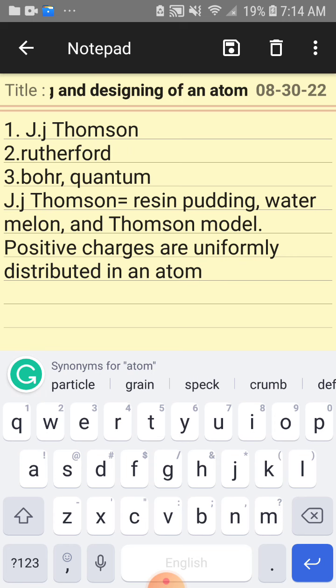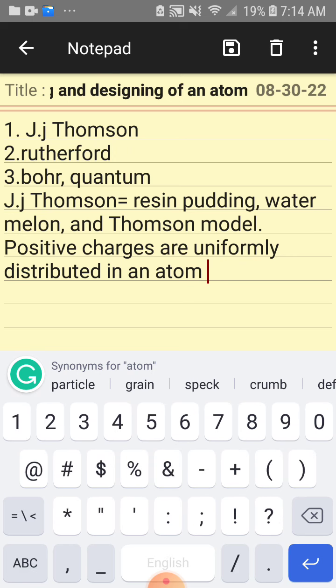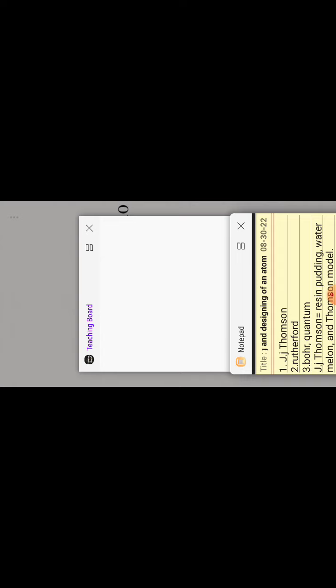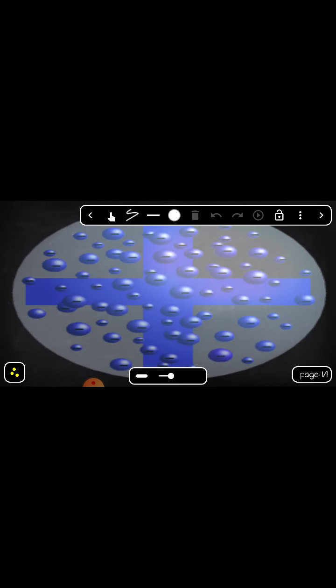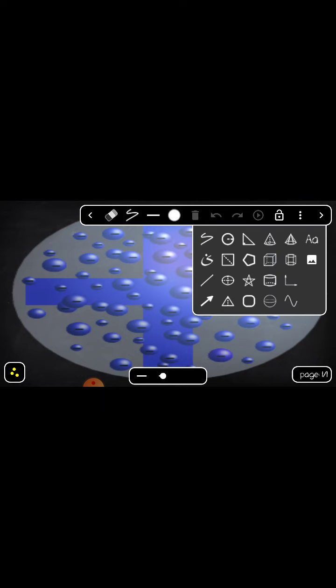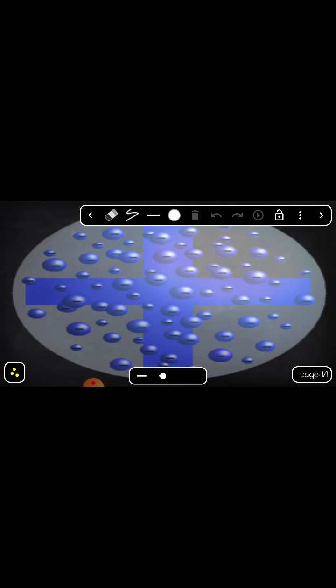This was said by J.J. Thomson. I'm going to show you one picture here. This was the model of J.J. Thomson. As you can see, these are electrons, uniformly distributed among the atom, and positive charges are distributed uniformly all over it.